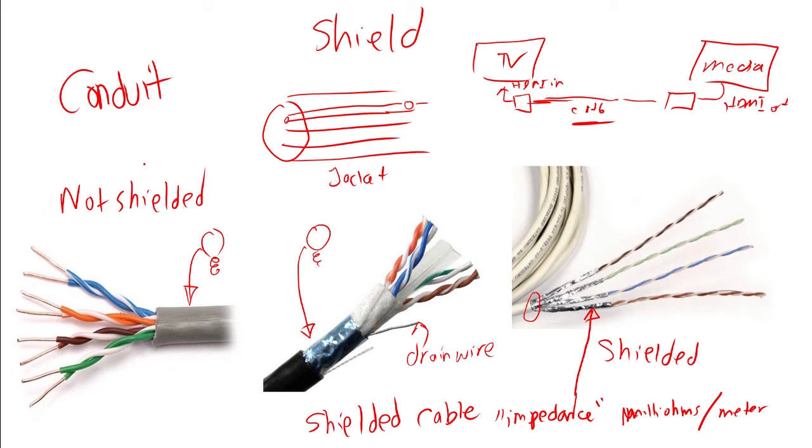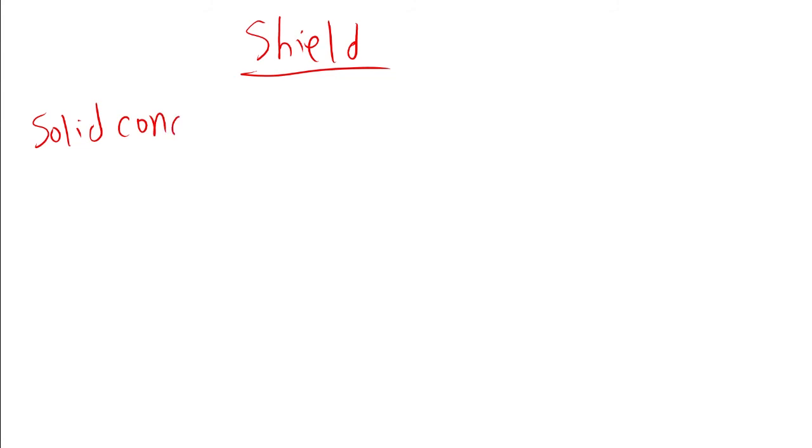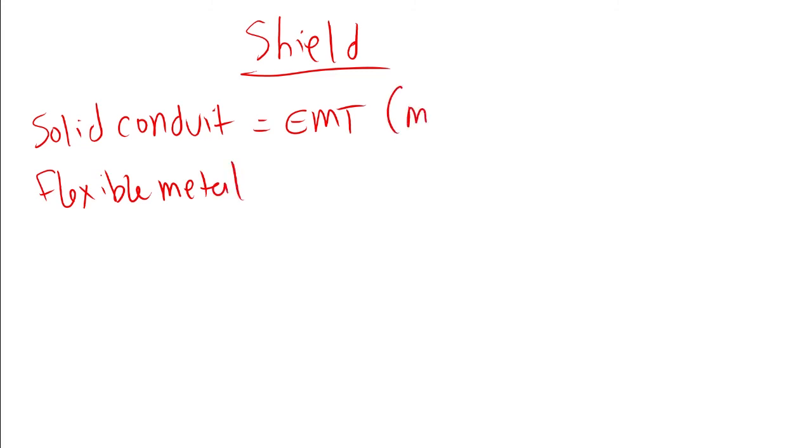If we want to compare, the best type of shield is a solid conduit, also known as EMT. And then we have a flexible metal conduit.